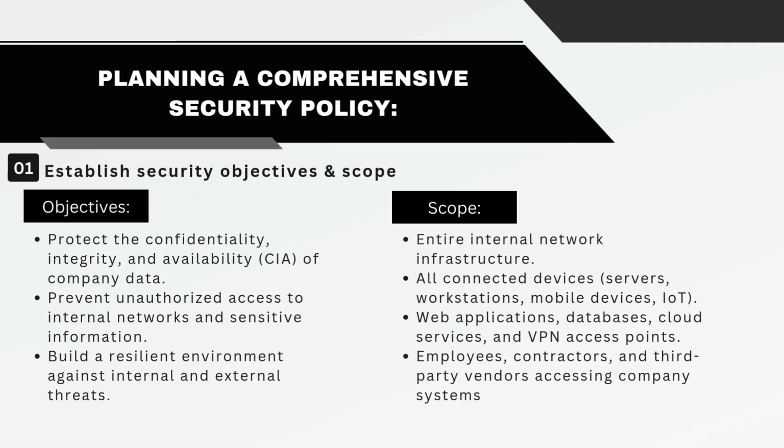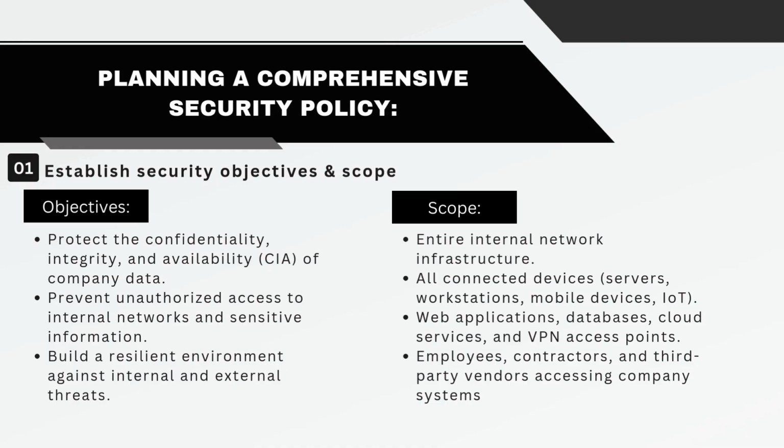Alright, next is task 2, which is planning a comprehensive security policy. In this task, there are 5 different topics, and number 1 is establishing security objectives and scope. Objective: protect the confidentiality, integrity, and availability, or CIA, of company data, prevent unauthorized access to internal networks and sensitive information, and build a resilient environment against internal and external threats.